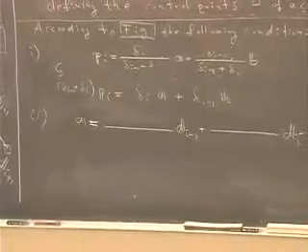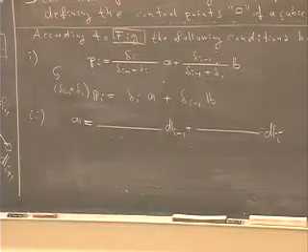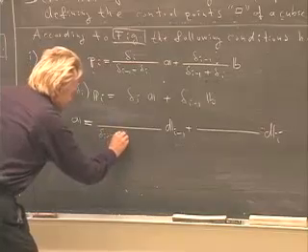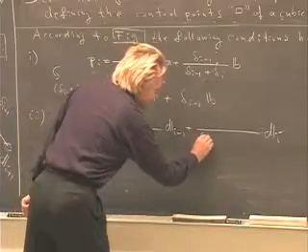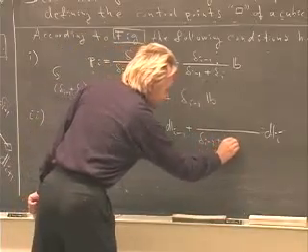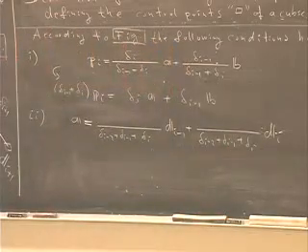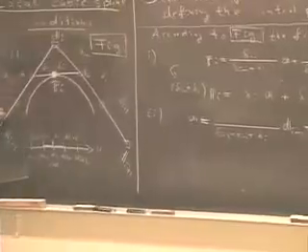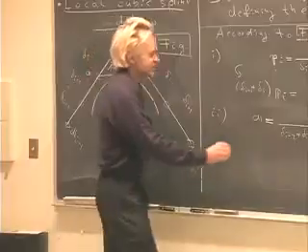Well, the total length of this line, which is delta i minus 2 plus delta i minus 1 plus delta i. So I divide by delta i minus 2 plus delta i minus 1 plus delta i. And the left point gets multiplied by the right weight. This point is a combination of that and that. So the left point gets multiplied by this, which is delta i. So delta i goes here.